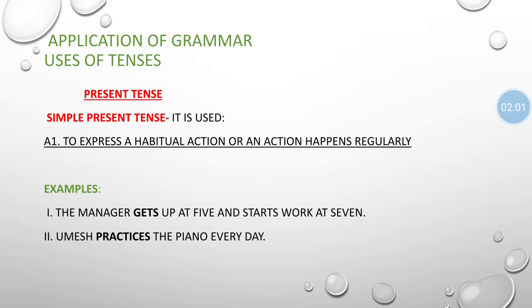When we see words like just, now, today, they indicate the present time. Present tense also has four aspects: simple present tense, present continuous tense, present perfect tense, and present perfect continuous tense. So first of all, we see simple present tense.